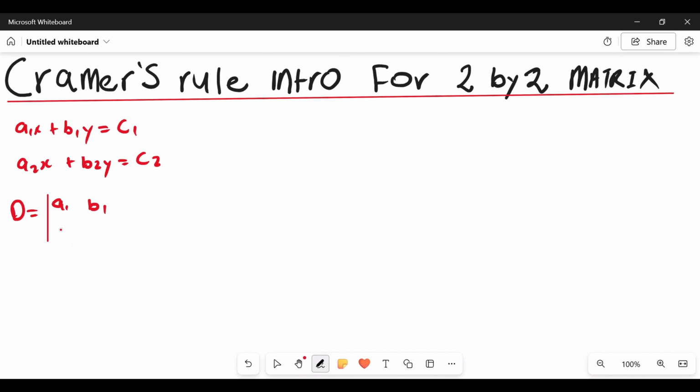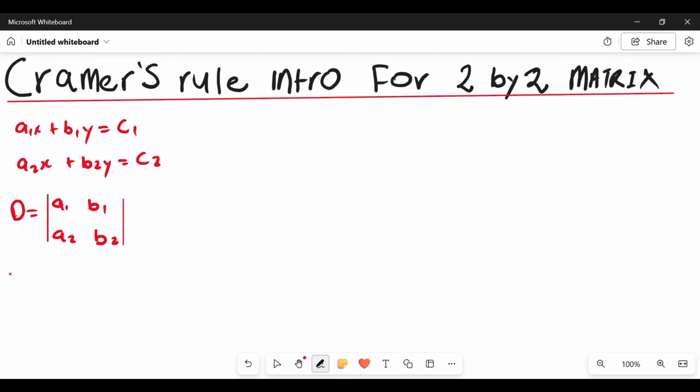And then the third entry is going to be from the second equation, which is the coefficient of x here. And then the fourth entry is going to be the coefficient of y on the second equation. Now, this is when we calculate the determinant of these two equations.